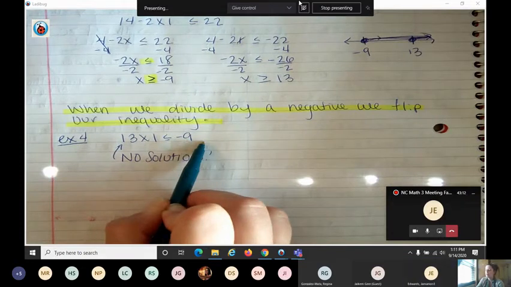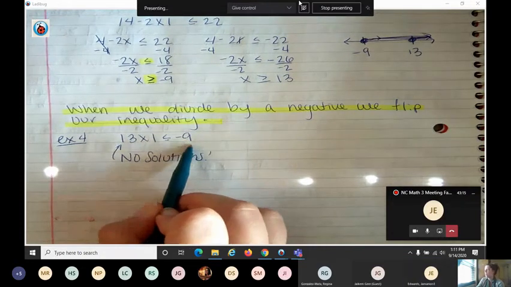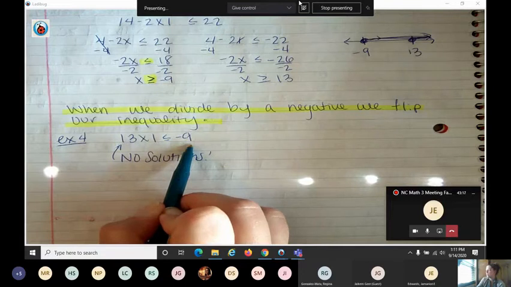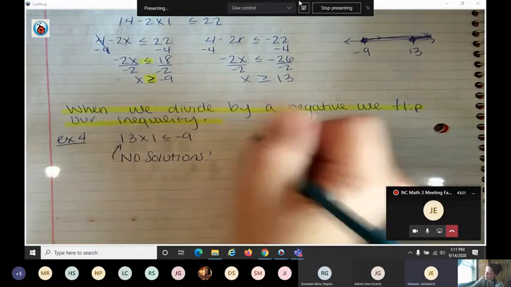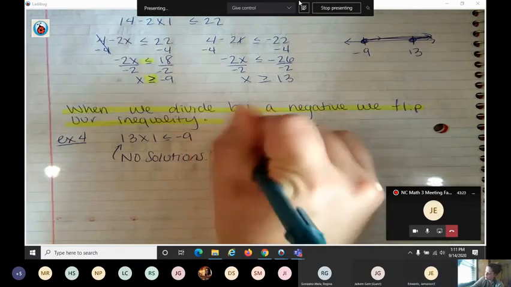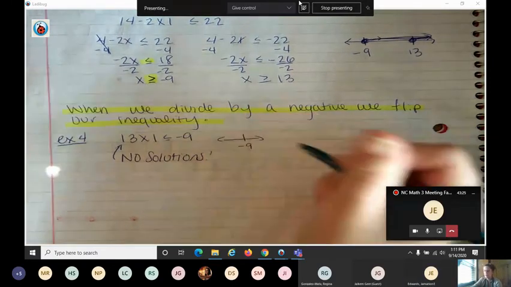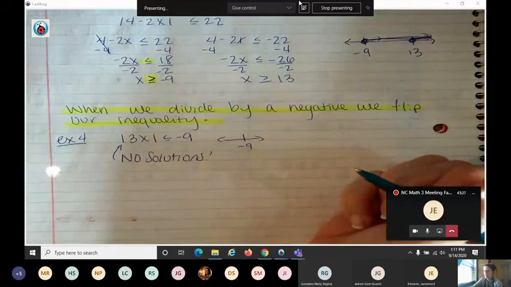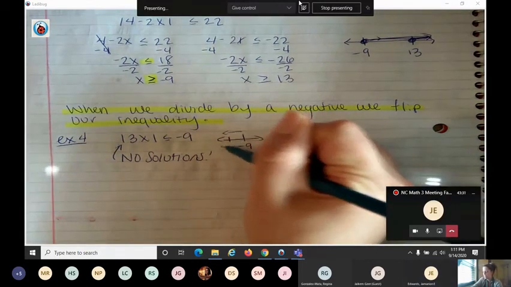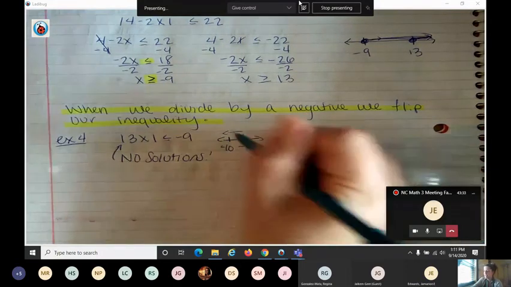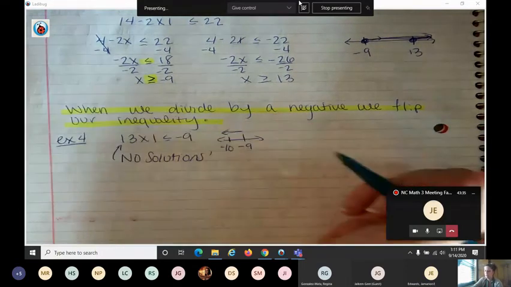But all the numbers that are smaller than -9, are they going to be negative or positive? Positive. So if I have a number line and I have -9 on it, which direction do I go to get numbers smaller than -9? To the left. And an example would maybe be -10. So is anything in this direction going to be positive?